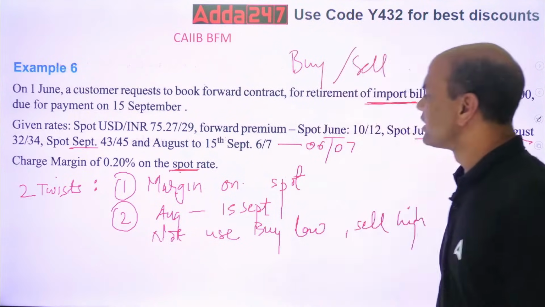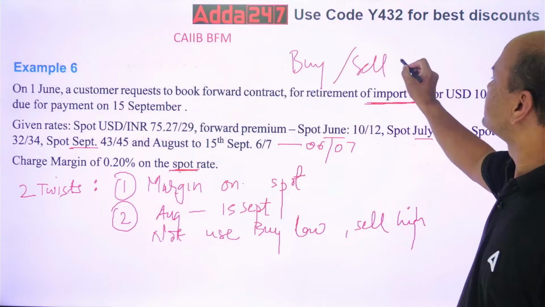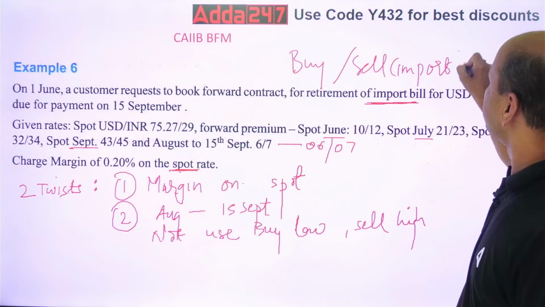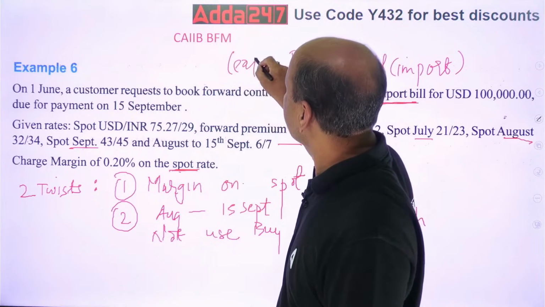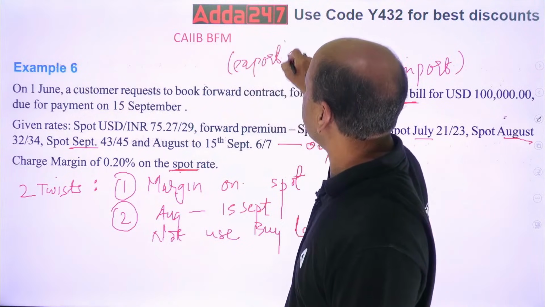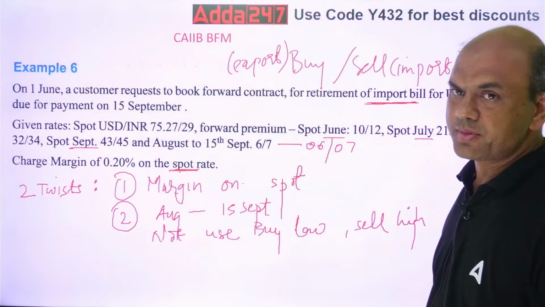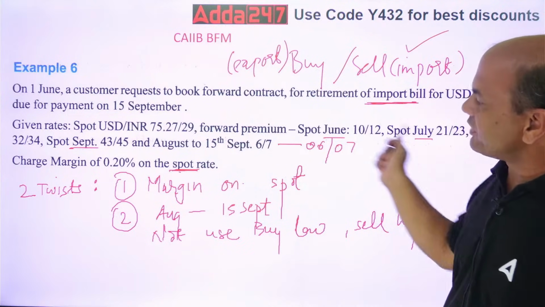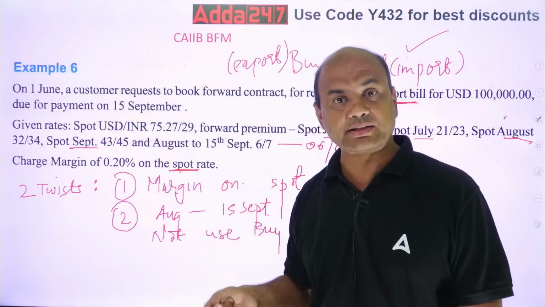Import is always sell, and export is always buy. So now we are focusing on import, so on the sell part. Everywhere you have to look at the sell part, right side, right side, right side.